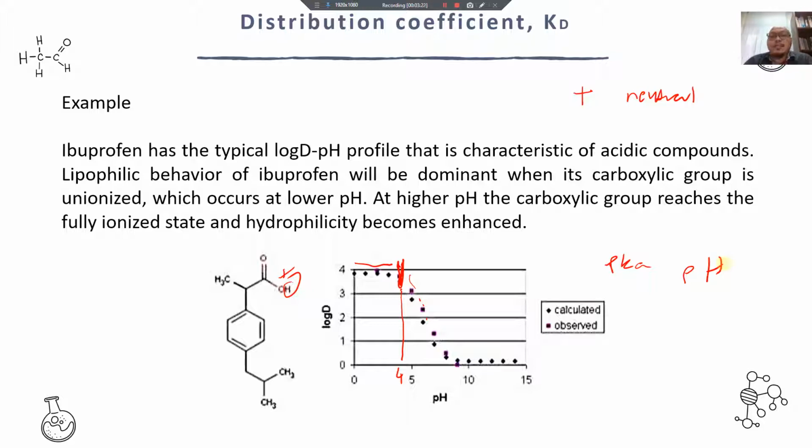So if I want to calculate the KD, as we know KD involves the concentration of A in the desired phase, the first phase, or the initial phase. You need to calculate both the ionized one plus the neutral one. The same goes for the phase below. That's the thing you need to do.